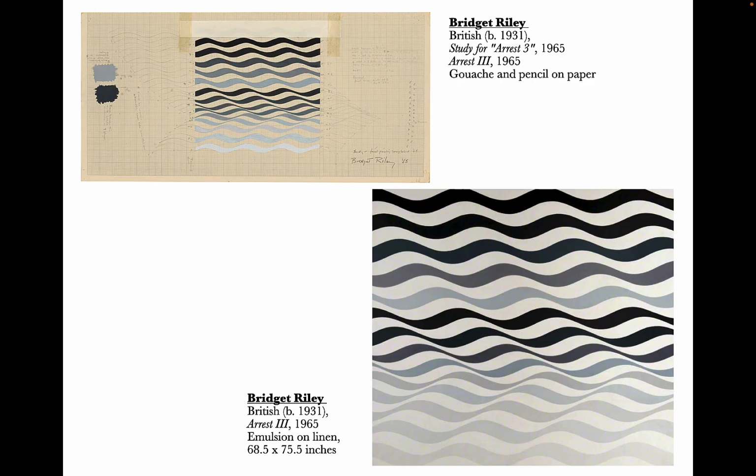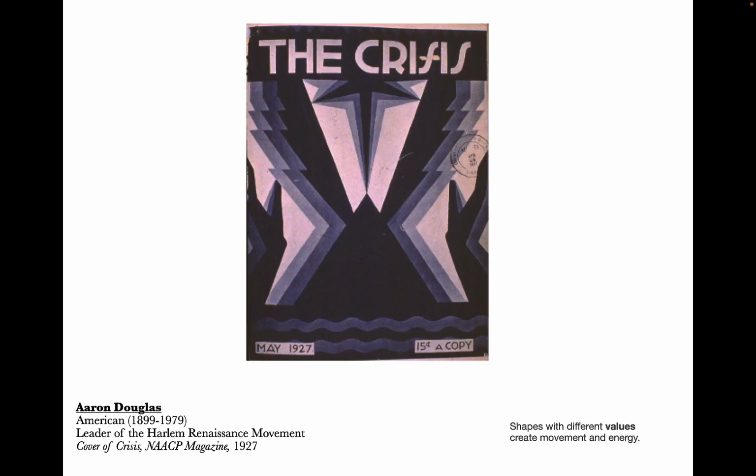And she creates these really cool optical illusion paintings in the 60s. And on the top in her study, it is in gouache, which is what we'll be working in. And a lot of artists use gouache as a way to work really quickly and get your ideas down. So I always get excited too when I can find artists using gouache because I think it's an awesome medium.